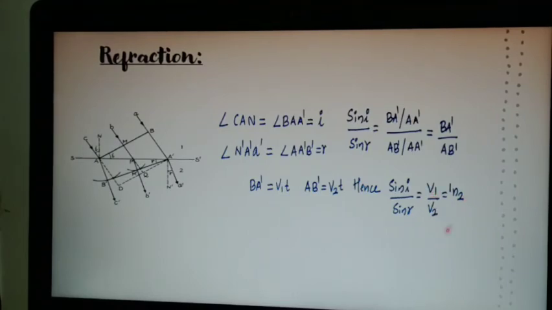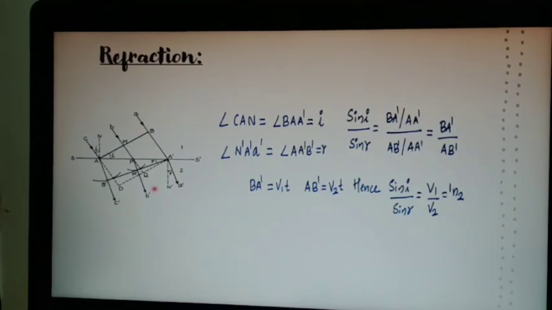V1 by V2 will become N2 by N1, that is the refractive index of the second medium with respect to first medium. That is Snell's law. So this diagram follows Snell's law, so it proves the refraction using wavefronts.